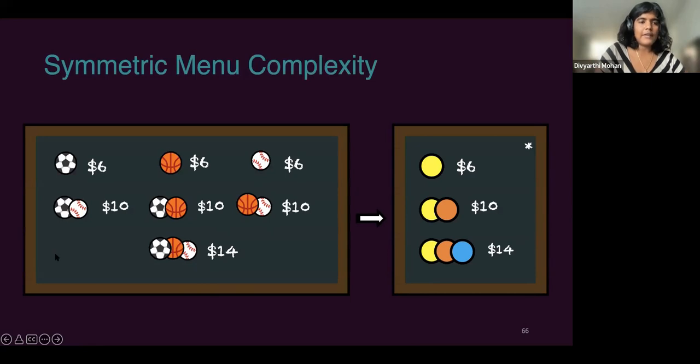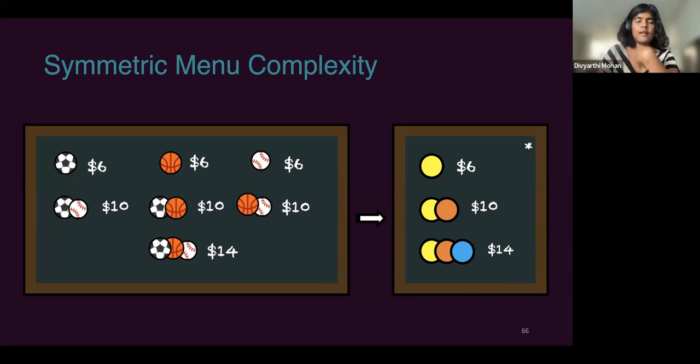So here, instead of listing out all of these 7 different options, it's equivalent to just giving this smaller menu where I say: take any one ball, pay $6; take any 2 different balls, pay $10; or take all 3 balls and pay $14. And the asterisk here basically says that you can take any combinations of the balls without explicitly listing all the different combinations. So we are just getting a more compact menu while implicitly agreeing to something.